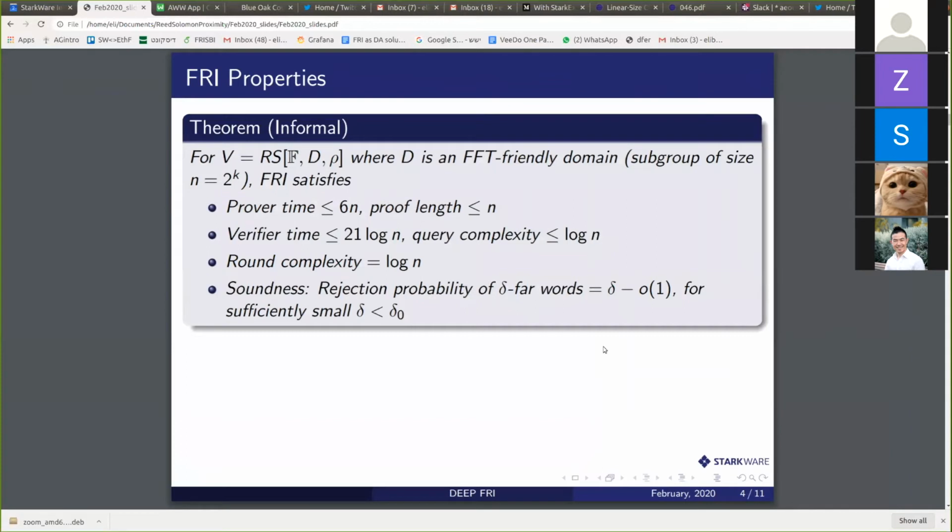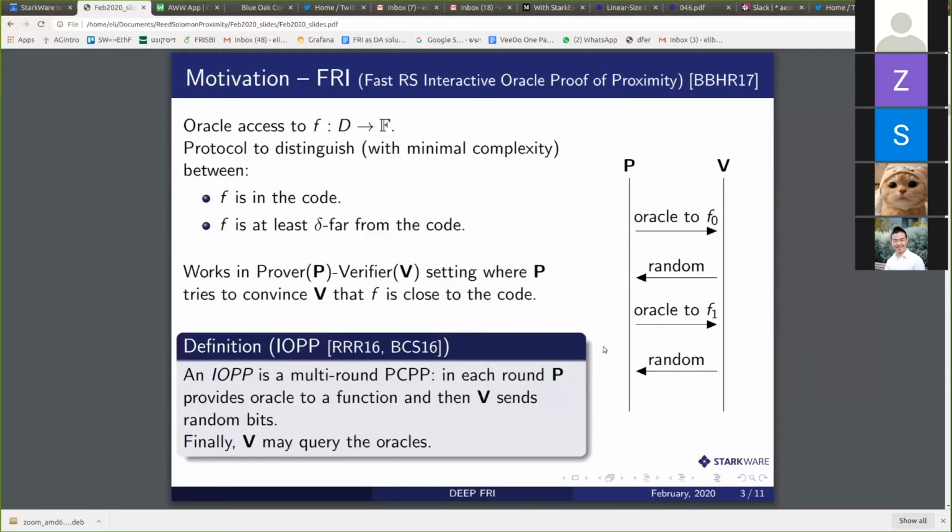So what is FRI? FRI, as its name suggests, and it intentionally refers to the fast Fourier transform, because actually one way of thinking of it, as you'll see, is as a folded FFT.